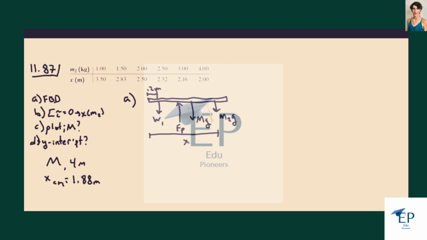We pick different masses for this and find out where we have to position it to balance the bar on the pivot. So here's our free body diagram.